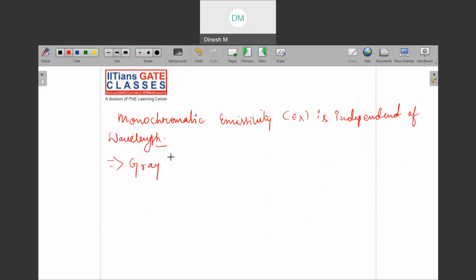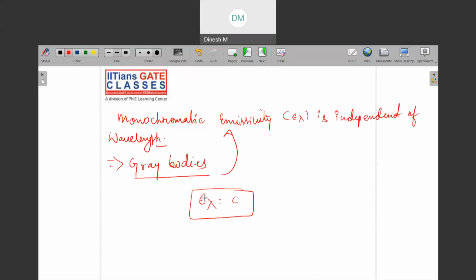Gray bodies. Okay. So for gray bodies, monochromatic emissivity epsilon lambda is independent of wavelength, so I can say that it assumes a certain constant value.